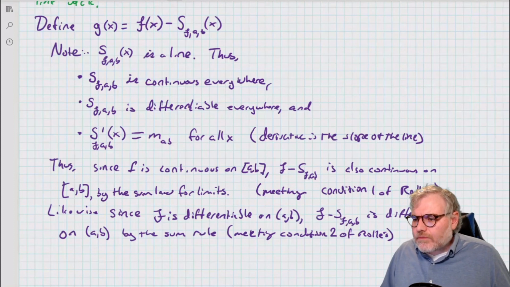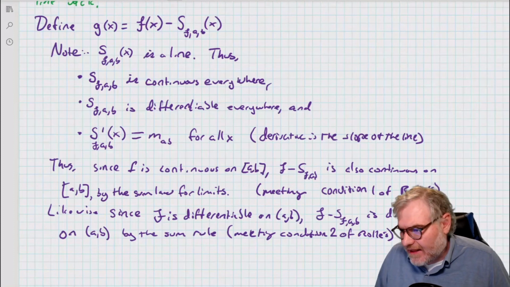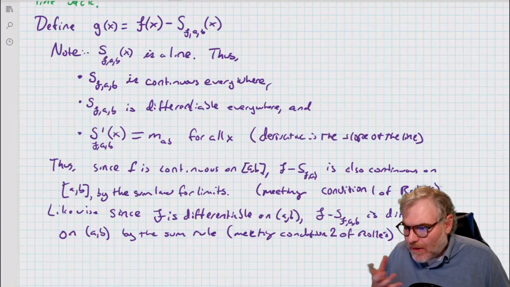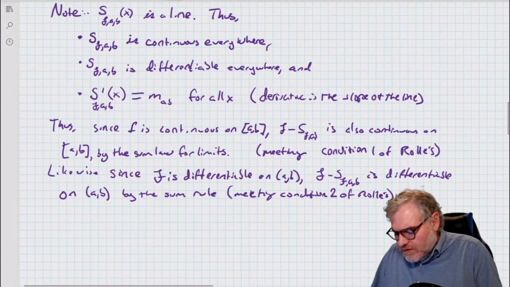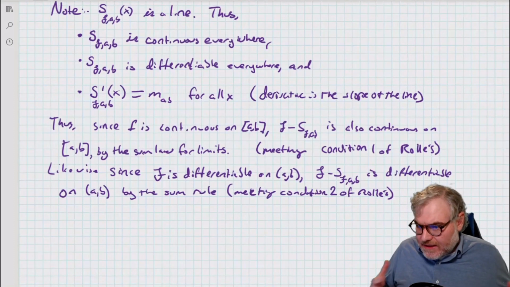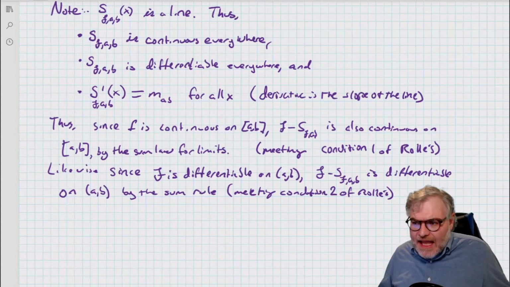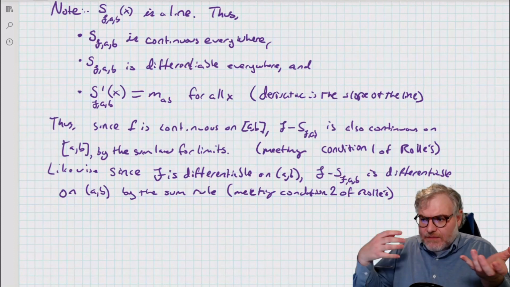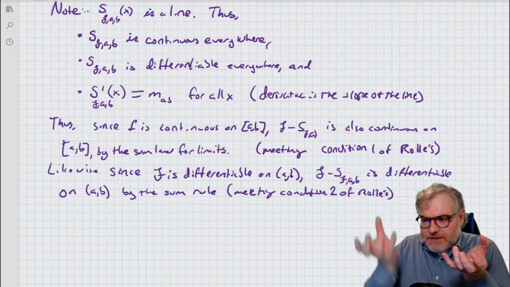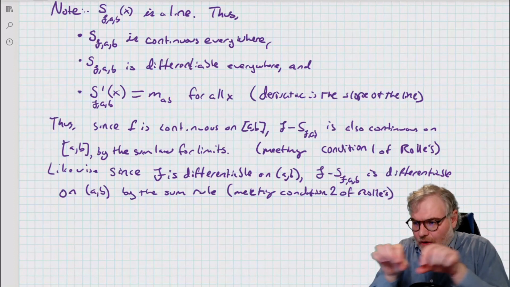Okay, so since f is continuous, f minus the secant line is also continuous on [a, b]. Both of these functions are continuous. So the sum law of limits tells me that what I'm going to wind up with is also a continuous function, right? I subtract the limits from the left to get the limit from the left, I subtract the limits again to get the limit from the right, and then I subtract the function values, and they're all equal, right?